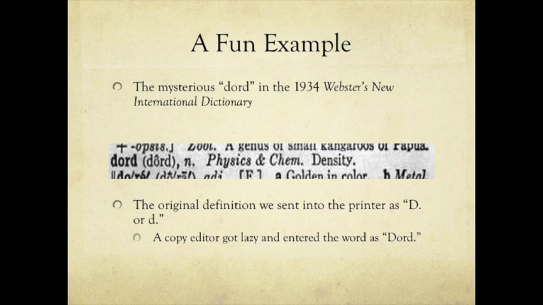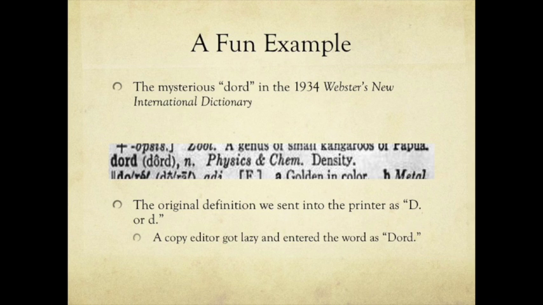Well, it turns out when the copiers were originally sent this information, they were sent what I've got there in quotes, capital D period, space, then the word or, space, lowercase d period.